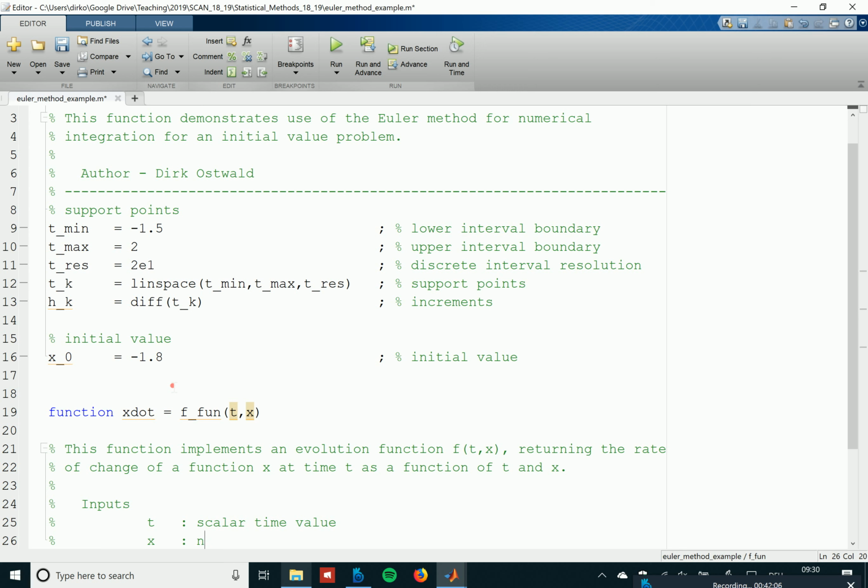Yeah, n, but n is also one here, the n-dimensional function value.